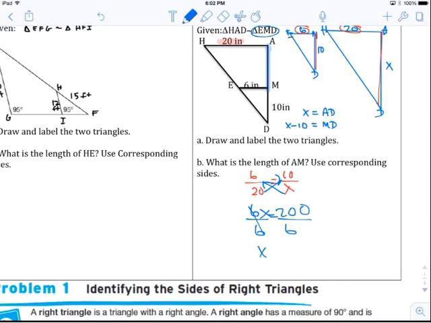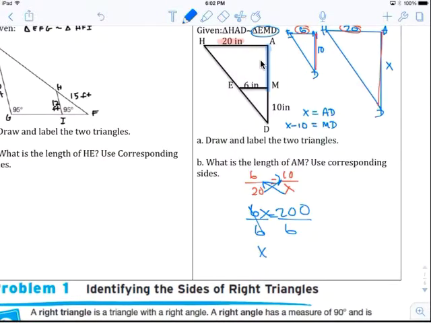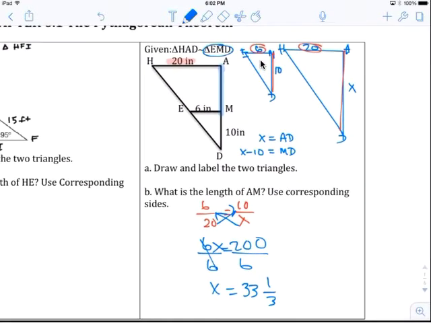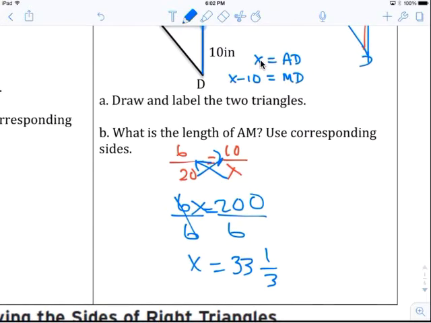I think it's a repeating number. Yep, 33 and a third. So AD is 33 and a third, 33 with 3 repeating.